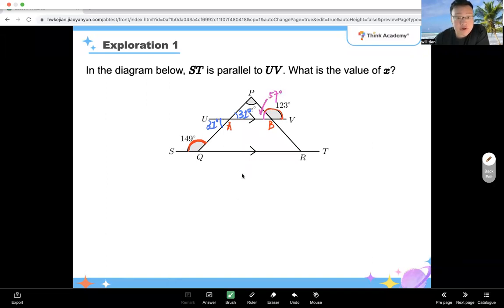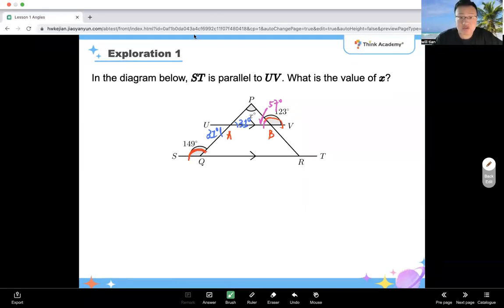You find that this X is in triangle PAB, right? So to get X, you just use 180 minus 31 minus 57. That gives you the answer.